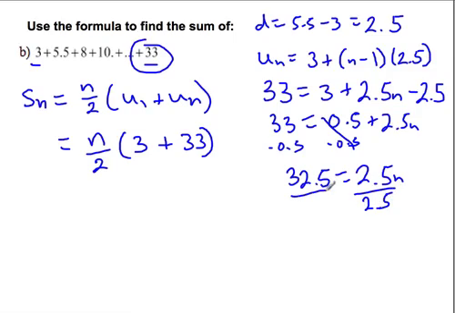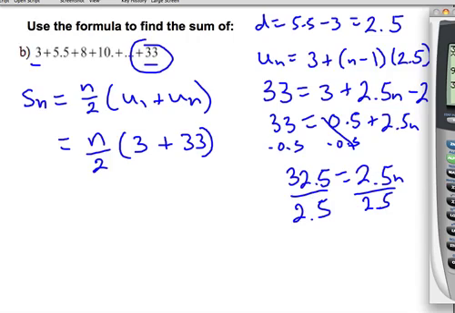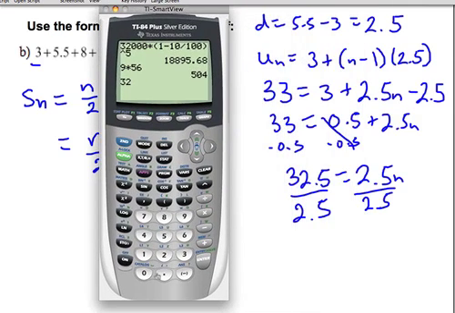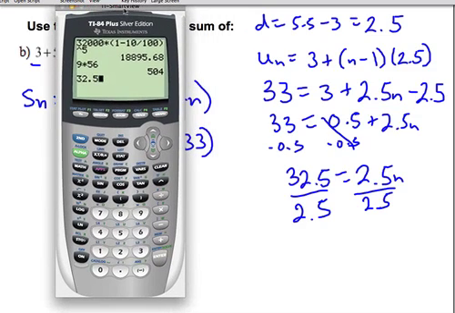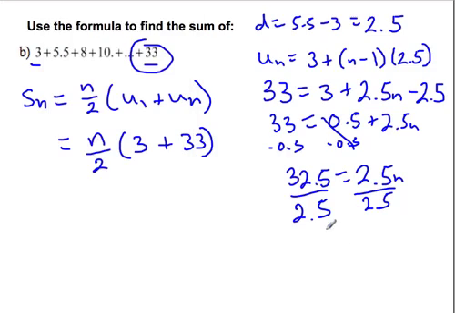Divide by 2.5. So we're going to do 32.5 divided by 2.5, which is 13. So n equals 13.